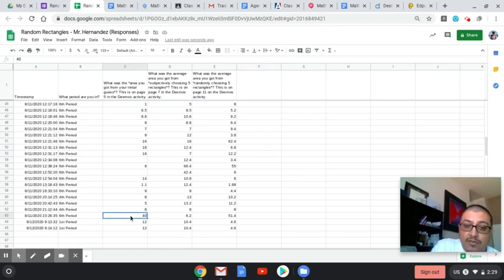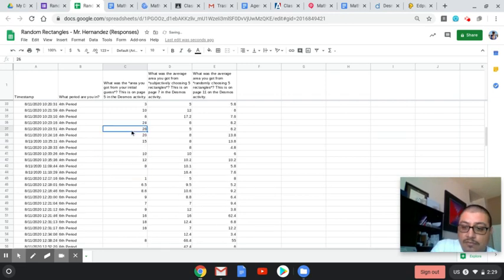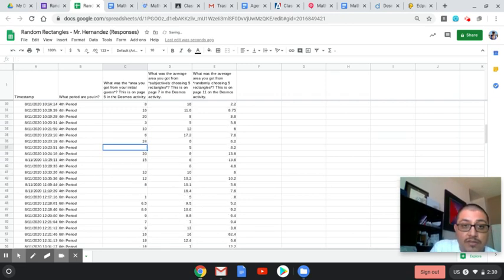So as all the numbers get closer together, and I'm getting rid of all the numbers greater than 20 because none of the rectangles had an area that was greater than 20.